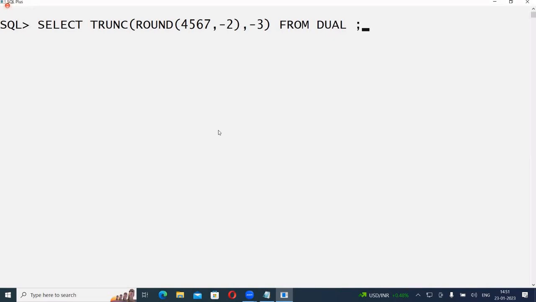If they give it like this: trunc of round of 4567, minus 2.